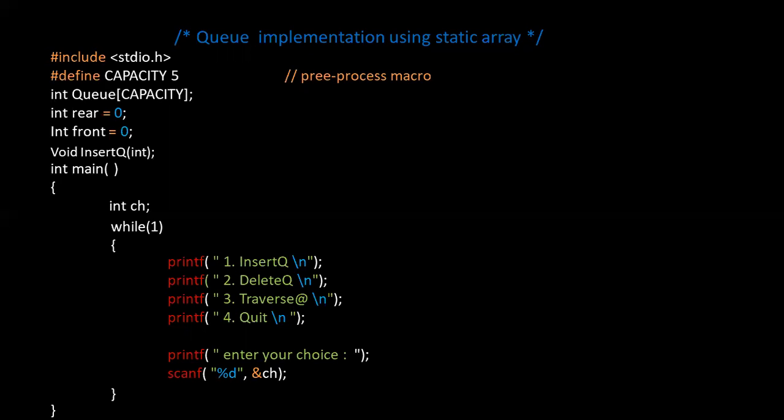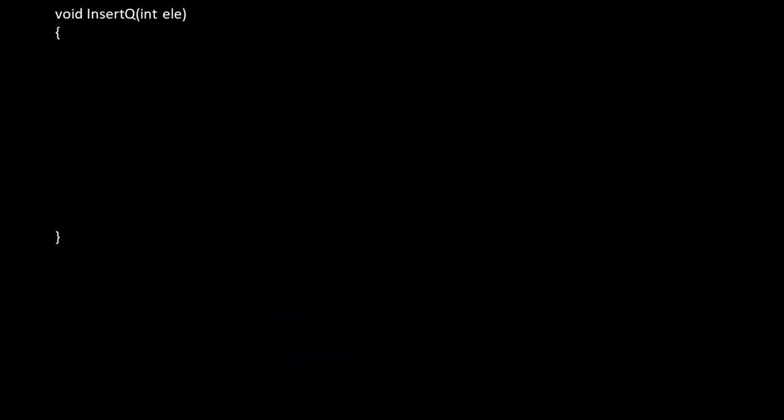Okay. So now let us see the logic of the insert function. Here we cannot directly insert the elements. First we have to check whether the queue is full or not. Because if the queue is already full, then we cannot insert the elements into the queue.